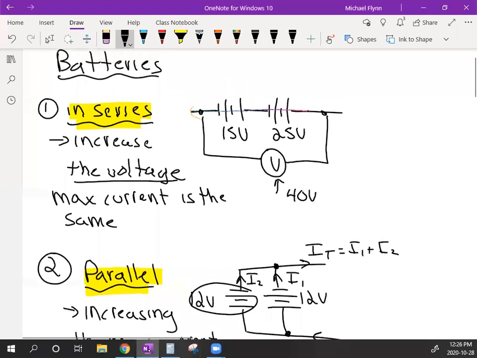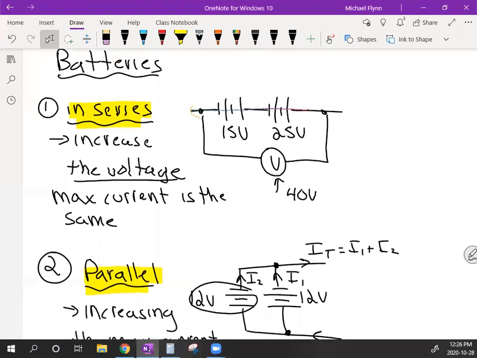So connecting batteries in series, the goal of connecting batteries in series is to increase the voltage. So I get a higher voltage. That's a higher energy per unit charge. Now in this case, you can have batteries here. I have 2 batteries. I circle one in blue and one in red. The blue one has a voltage of 15 volts. The red one has a voltage of 25 volts.